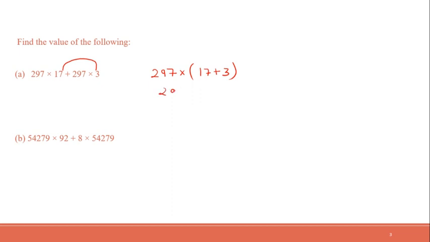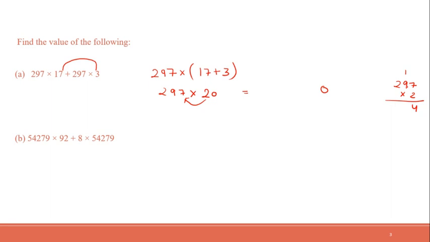Now it is 297 multiplied with 17 plus 3, which is 20, right? So to multiply 297 with 20, we'll just put a 0 here and then we'll multiply 297 with 2. 2 into 7 is 14, 4 here, 1 extra.